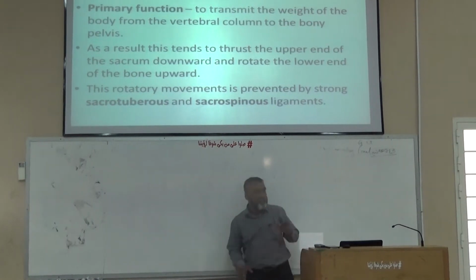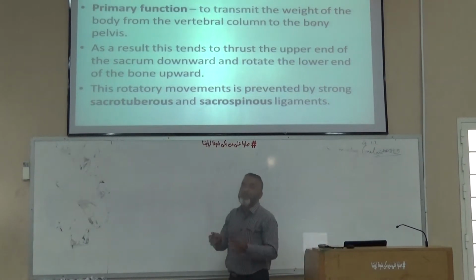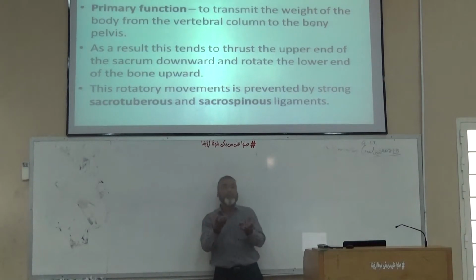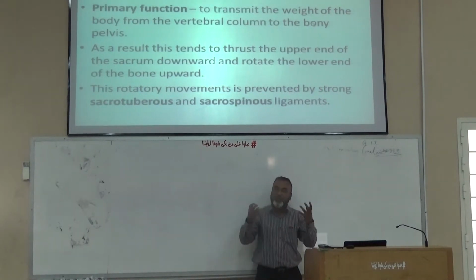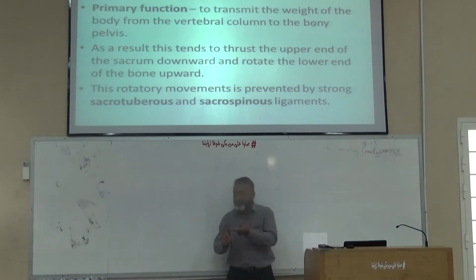Now, here it is written, the transfer of the weight of the body of the vertebral column to the bony pelvis. What movement is possible? There is very little, or you can say no movement possible. Very little movement is possible in young age, but as age advances, the joint fibroses and limitation of movement takes place.